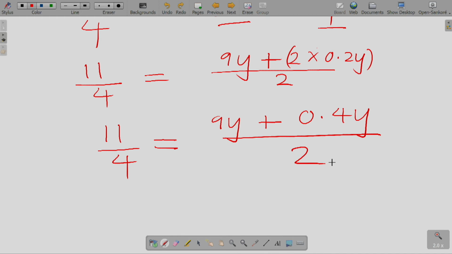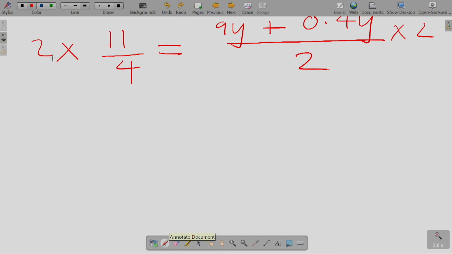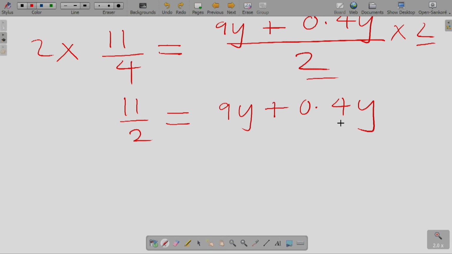So now let's multiply both sides by 2. If we multiply both sides by 2, we'll get 11 divided by 2 equal to, this 2 and this 2 will be cancelled out, so it will remain only 9y plus 0.4y.